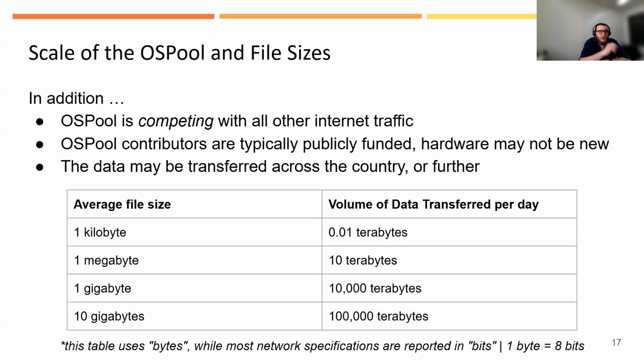We've got some folks out in Hawaii that are submitting to the OSPool, so their data is moving from Hawaii maybe to New York and beyond. So not only is there this volume consideration, there's also the distance consideration for transferring these files. And if the files can't be transferred to the start of the job, that means the job can't start. And so the longer it takes to transfer those files, the longer it takes the job to get started, the longer it takes to get through your workflow.